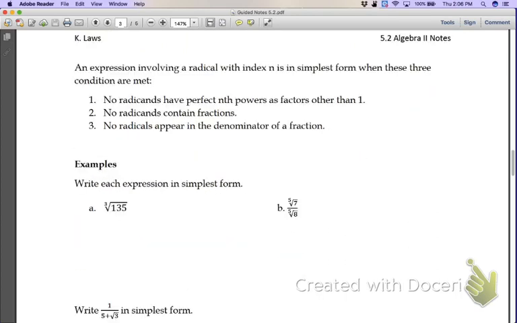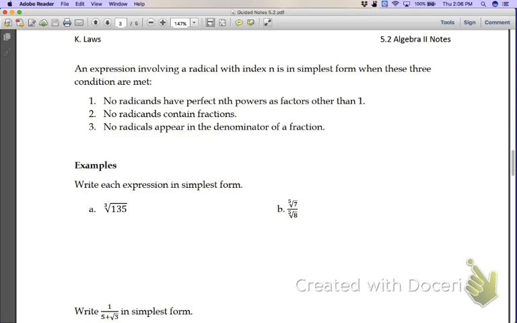Now, a couple things to keep in mind. An expression involving a radical with an index n, basically an index of 3, 4, 5, 6, and so on, the number underneath works just like it did with a square root. Like if I had the square root of 50, before, could I leave it like that?